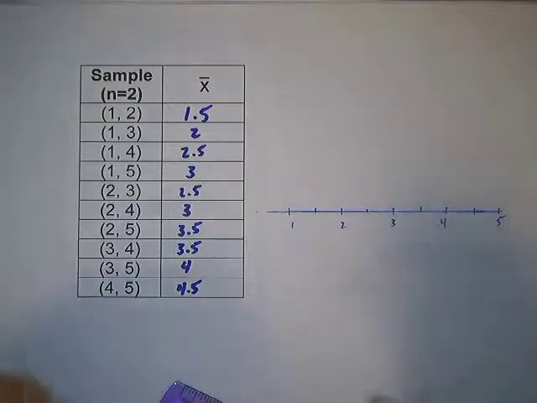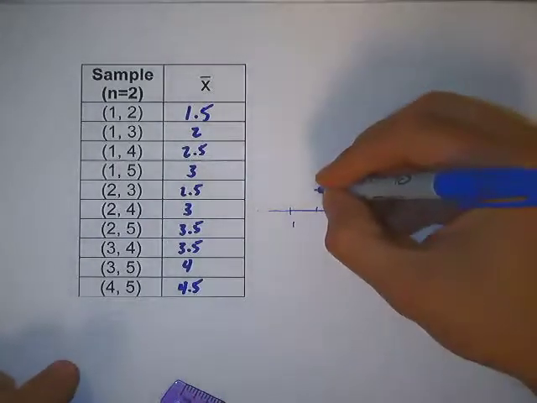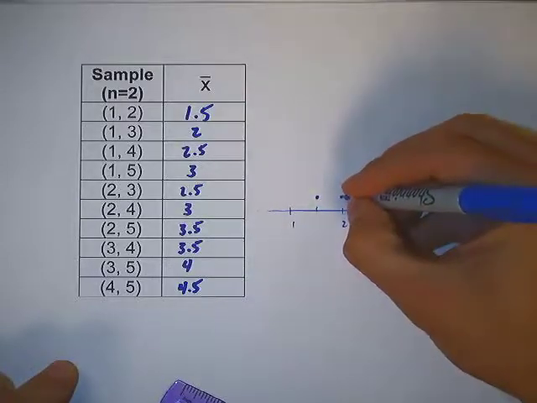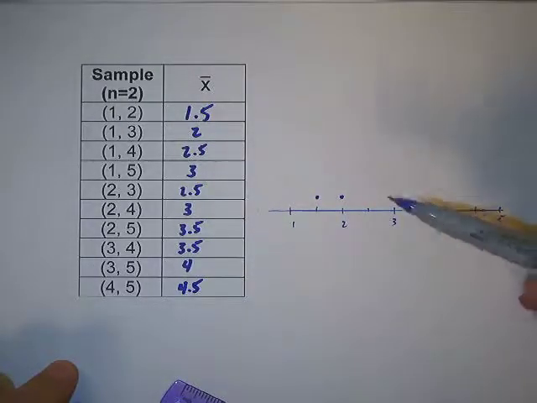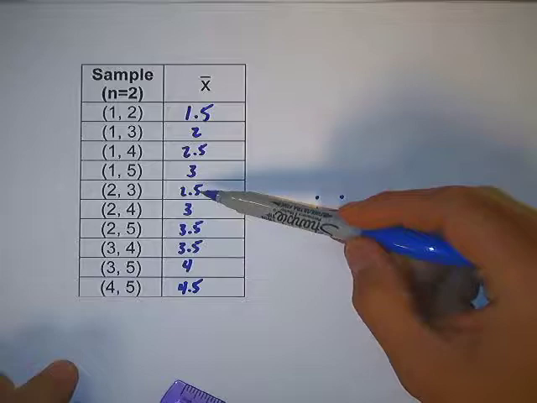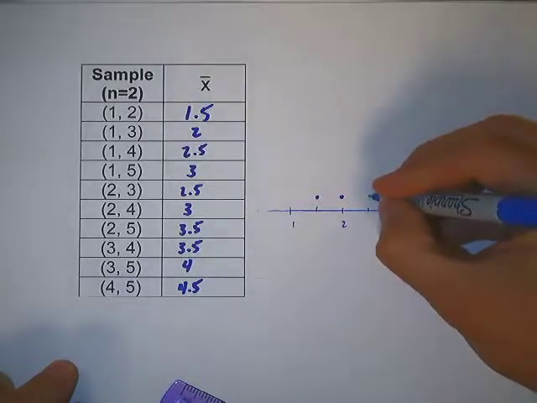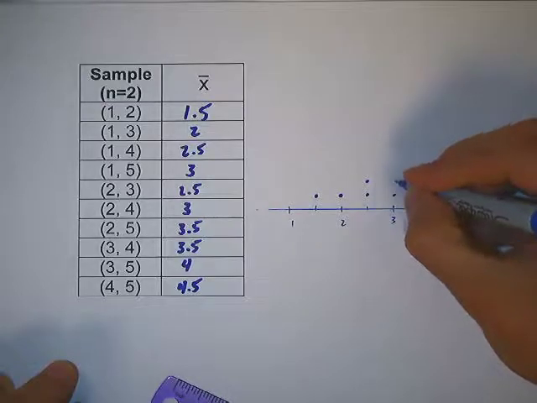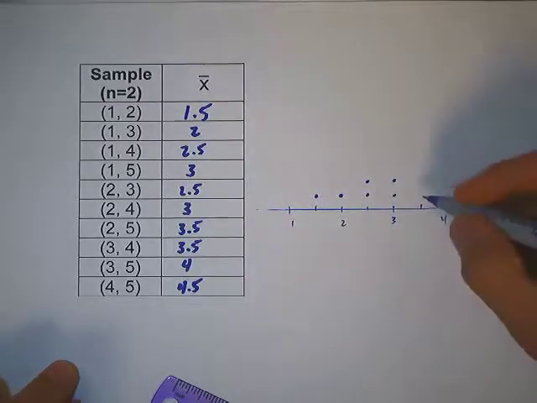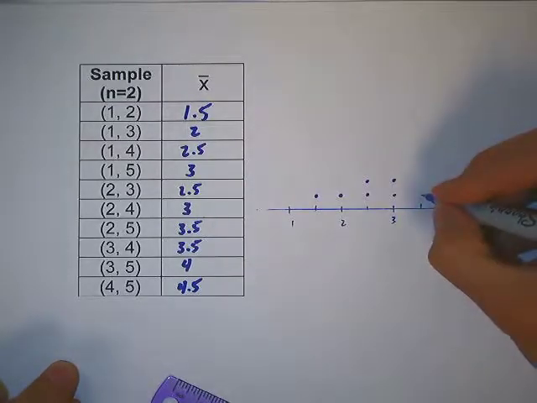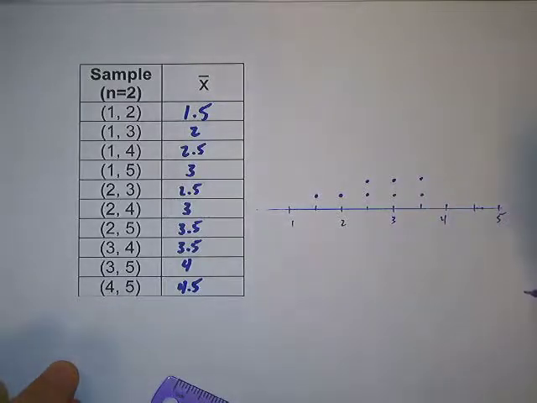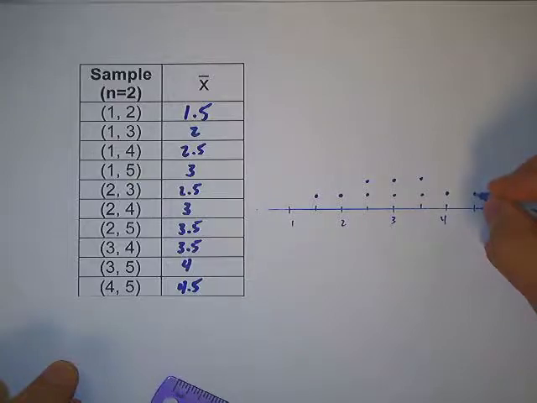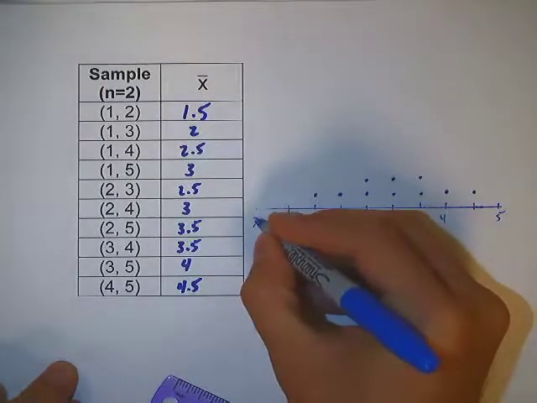At 1.5, there was 1. At 2, there was 1. At 2.5, we had 2. At 3, we had 3. At 3.5, we had 2. At 4, 1, and at 4.5, 1.